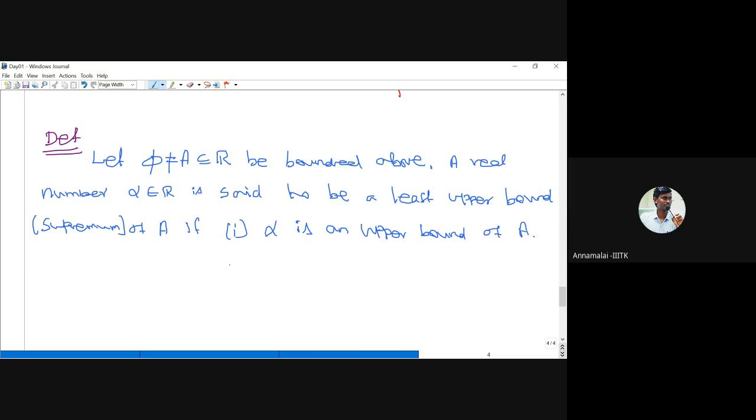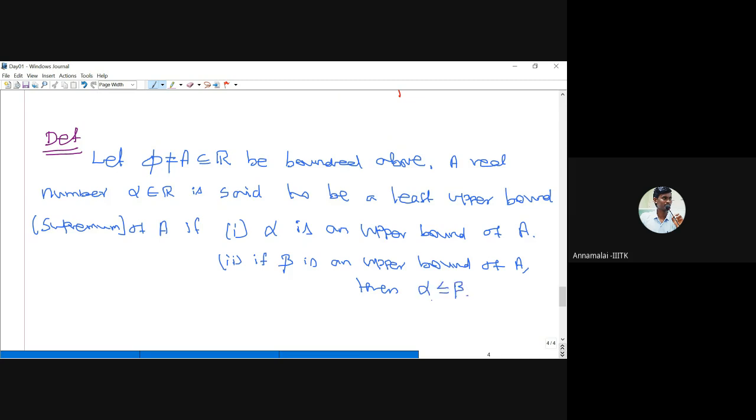Now second, if we take any other upper bound, then alpha should be less than beta, because we have to ensure that alpha is the least one. Suppose we take some other upper bound, if beta is an upper bound of A, then alpha should be less than or equal to beta.